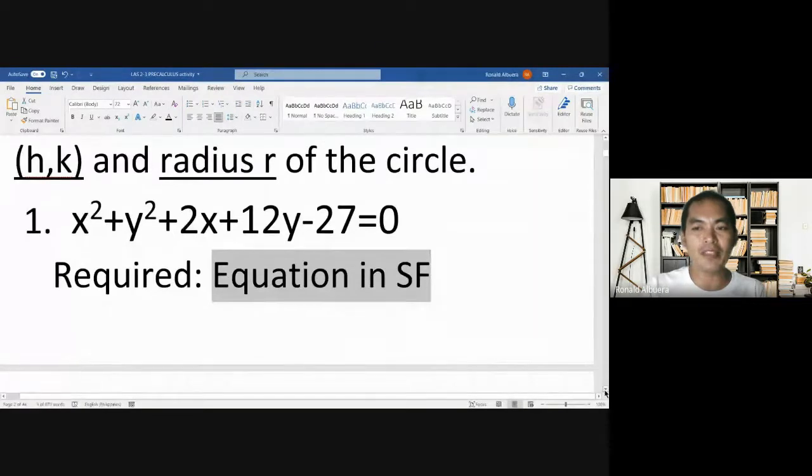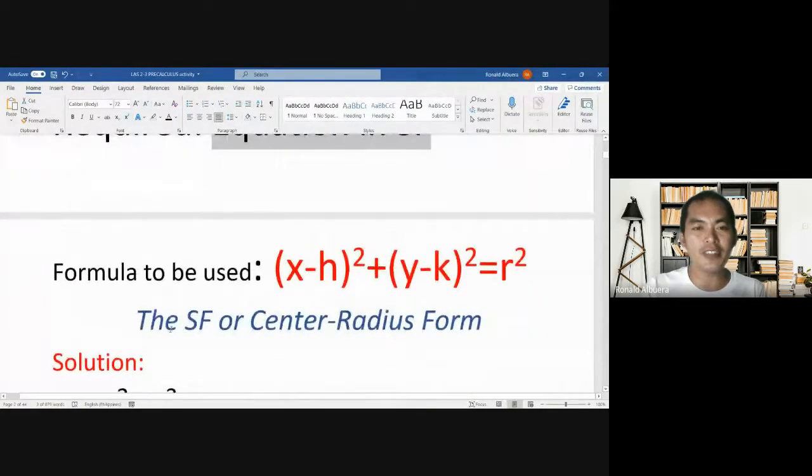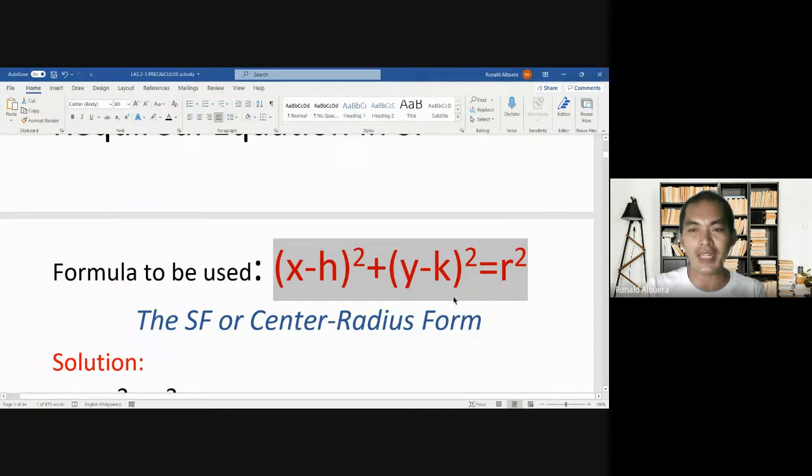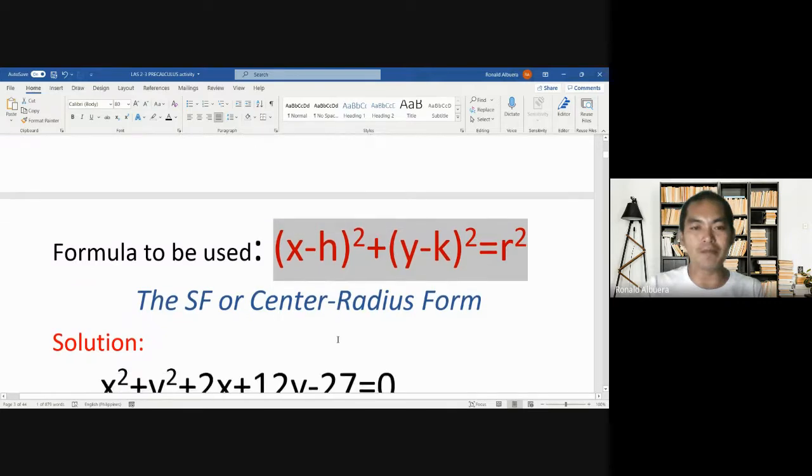What is the first step? Your first step is always to write the formula in standard form, which says the square of (x minus h) plus the square of (y minus k) equals r squared. Also, we call it the center-radius form.